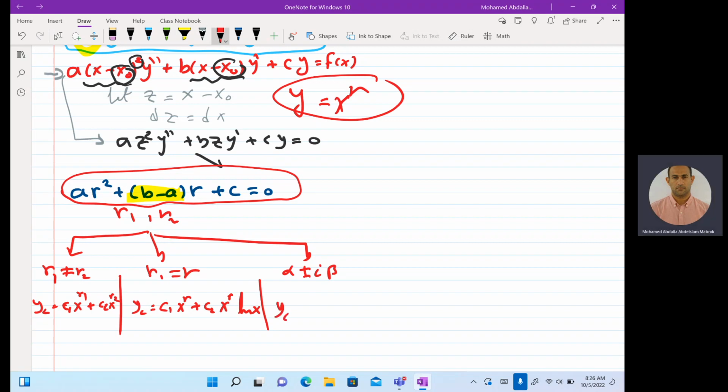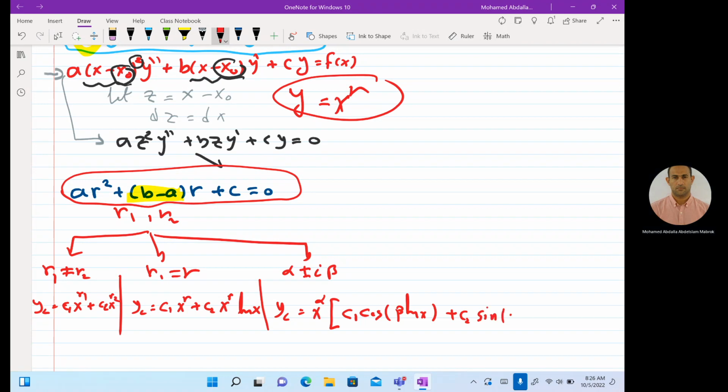Here YC will be x to the power alpha, sorry, actually x to the power alpha, C1 cosine beta ln x plus C2 sine beta ln x. And that's it.